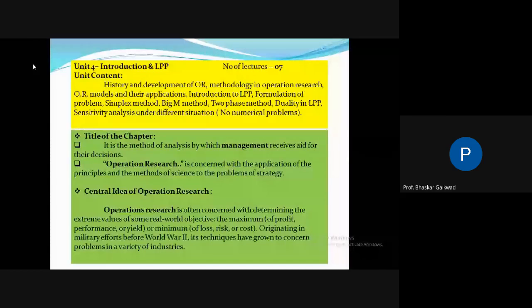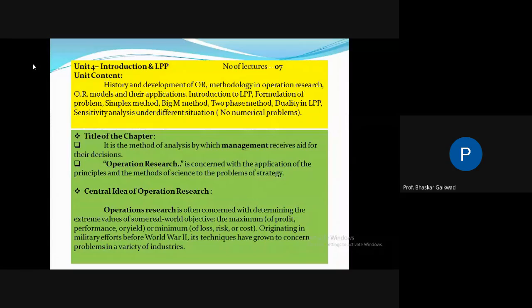Suppose the industry has two machines manufacturing three products A, B, C, and the profits are given as 3, 2, 4. Related times may be 4, 3, 5, or 2, 4, like this.